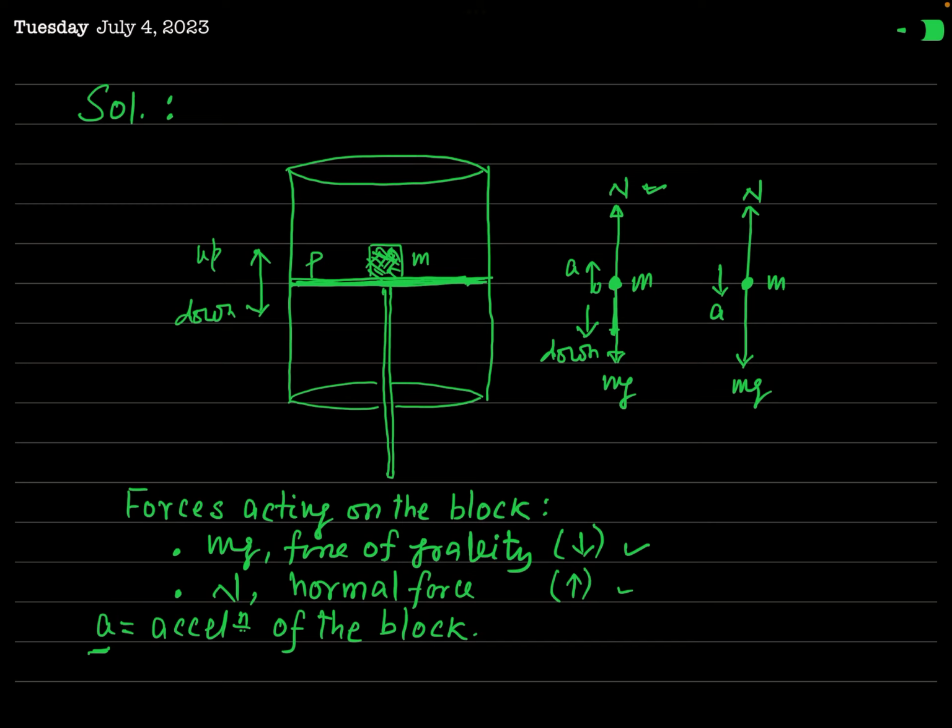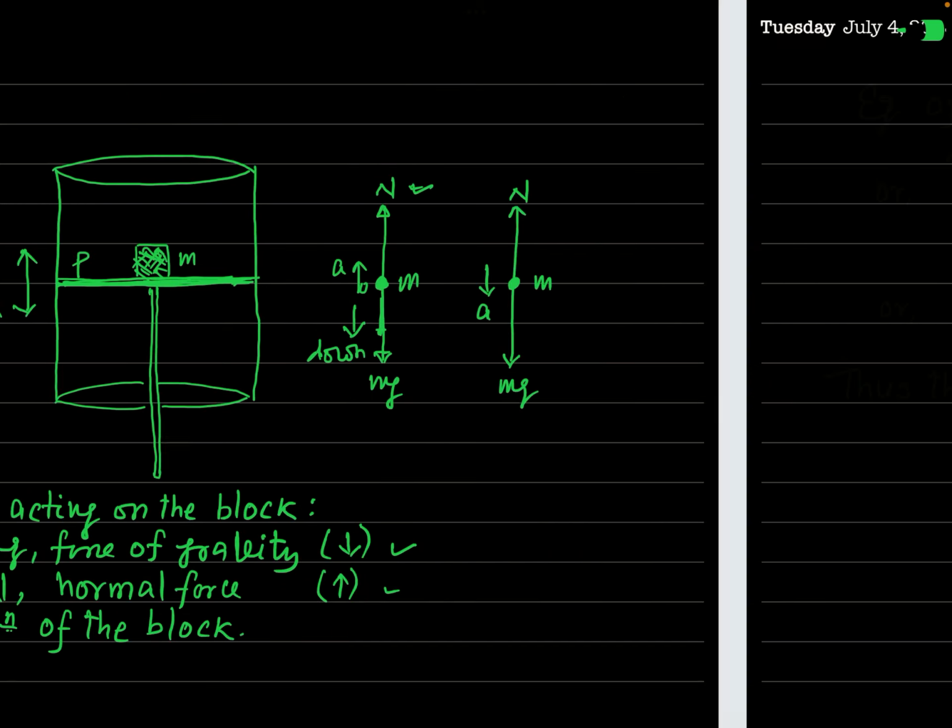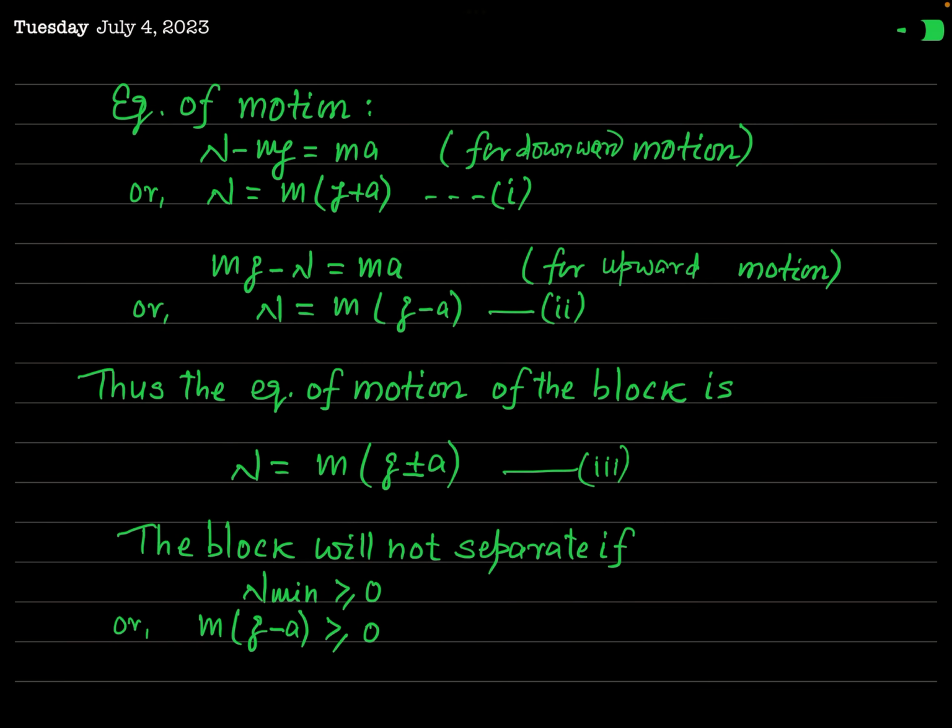So in this condition, when the block is moving down and its acceleration is in upward direction, what will be the equation of motion? You can see this will be N minus mg equal to ma. Actually here I have considered the direction of N or a as positive direction. And so you can say that N will be equal to m times g plus a.